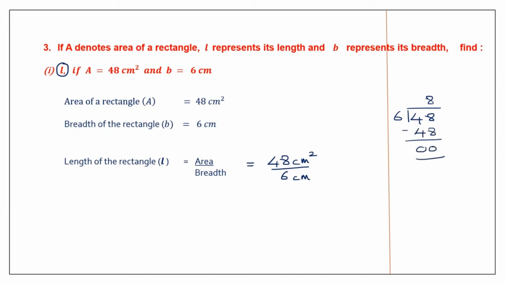So we've got 8 here, and since it's the length, it is 8 centimeters. So this is our final answer. We've been asked to find the length and we have found it to be 8 centimeters.